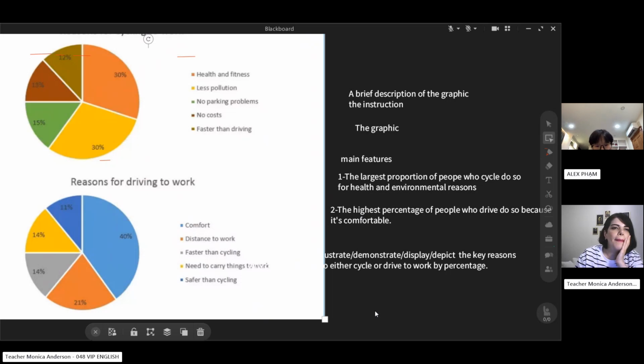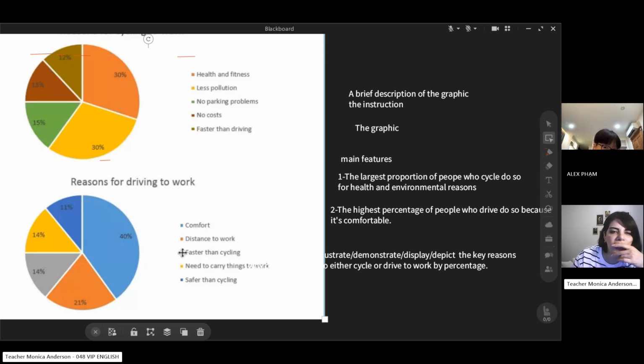But yes, the reason of driving to work, it's the least reason. Of course. Well, let's have a look. So we have health and fitness, less pollution, no parking problems, no cost, faster than driving.